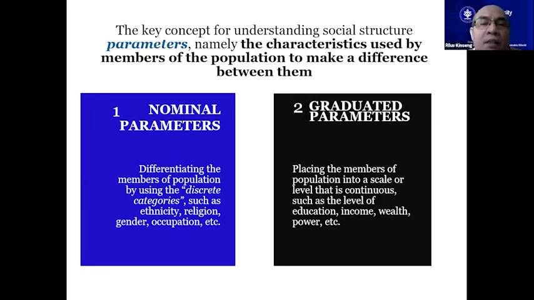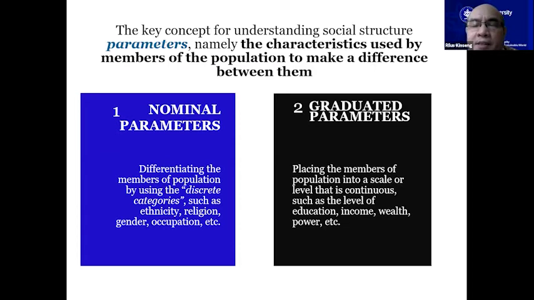The key concept for understanding social structure is parameters, namely the characteristics used by members of the population to make a difference between them. For example, nominal parameters differentiate members of a population by using discrete categories such as ethnicity, religion, gender, occupation, and so on.